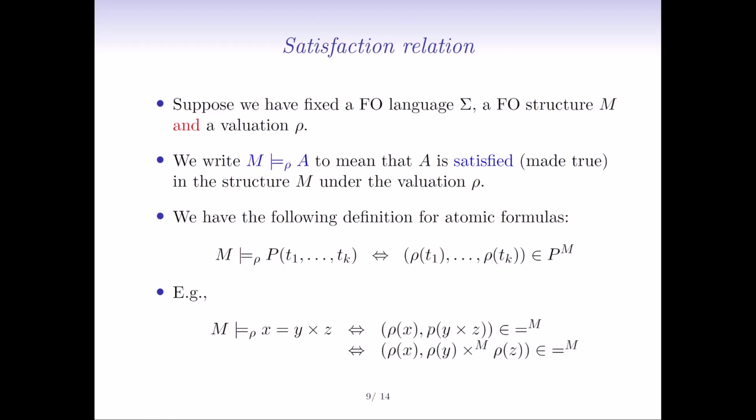And remembering that our definition of valuations extended to terms just says interpret the functions according to the structure, that is the case if rho of x and rho of y times rho of z are in the interpretation of the equality relation. And that is going to be the case if and only if, since we're interpreting the equal symbol as meaning equality and the times symbol as meaning multiplication, rho of x is actually equal to rho of y times rho of z.